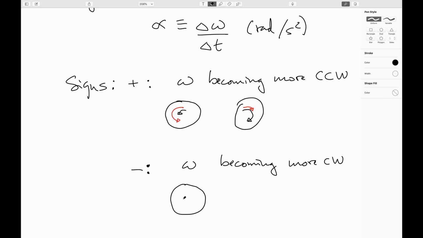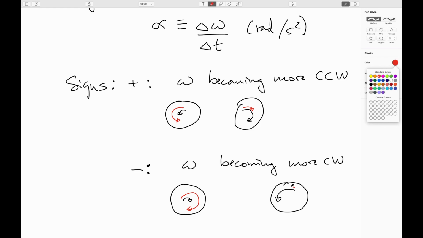One possibility is that you're rotating slowly clockwise, and then you speed up. The other possibility is that you're rotating kind of quick counterclockwise, and then you slow down. Because again, turning counterclockwise more slowly than you were before is more clockwise than you had. Okay.